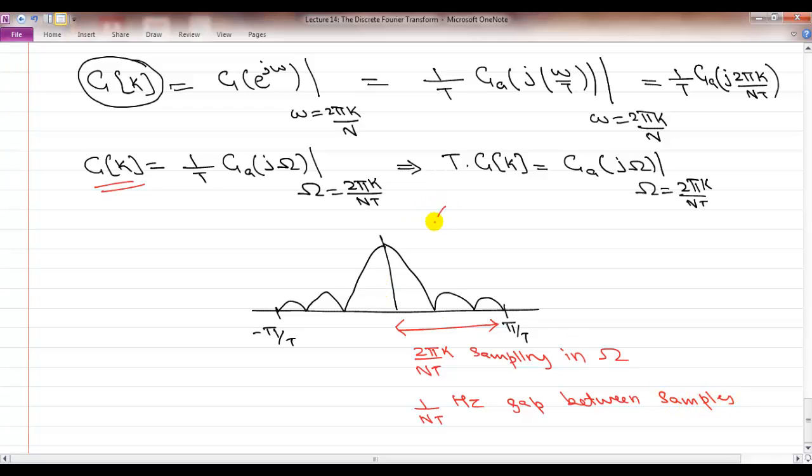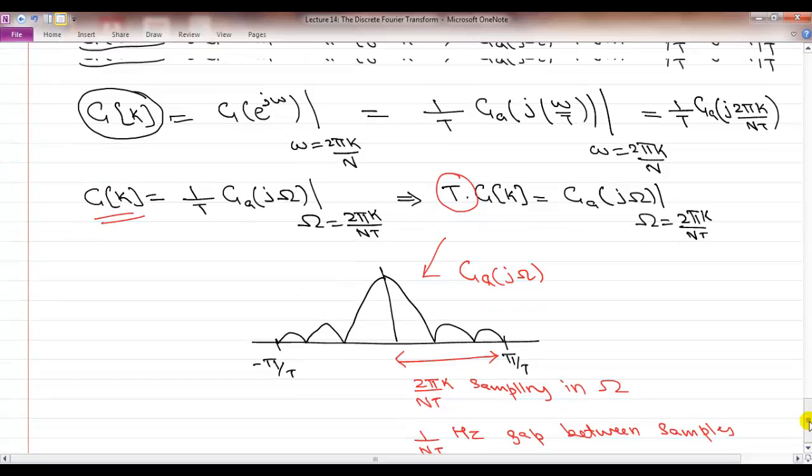Okay. So this is your G_a of j omega. And not only that, but you also have to keep this capital T scaling in mind. So there is also an amplitude scaling. But that is true from 0 to pi over T. What do you do from minus pi over T to 0?